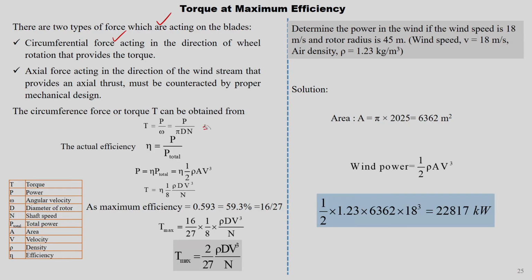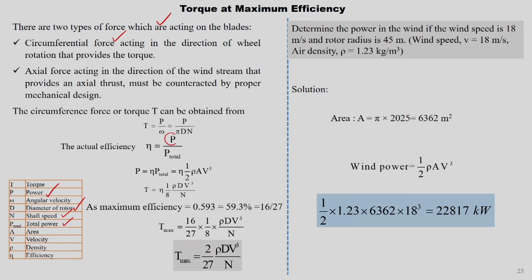What is P? P is power, omega is pi d n, d is the diameter of the rotor, n is the shaft speed, and the actual efficiency eta is P upon P total, where P total is the total power.